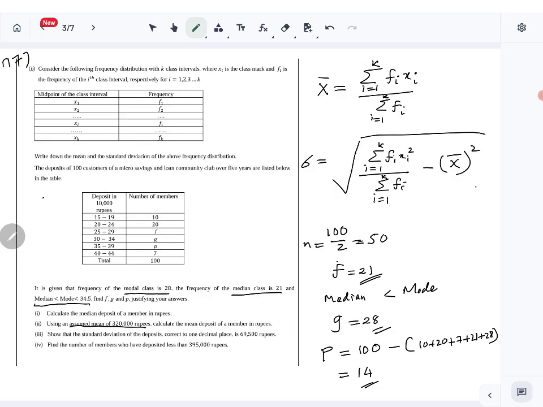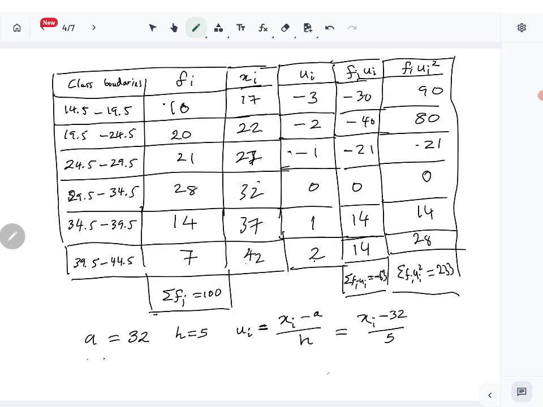Then the final one is: find the number of members who have deposited less than 395,000 rupees. Only this last section has deposited more than that.